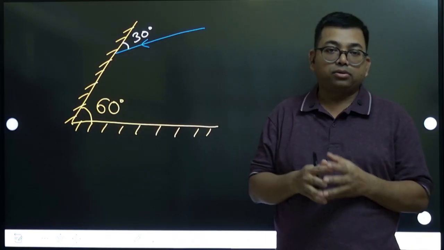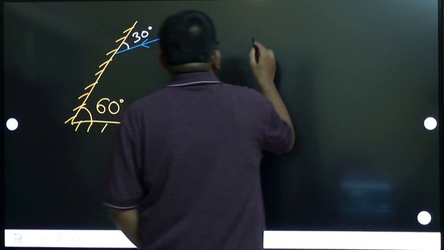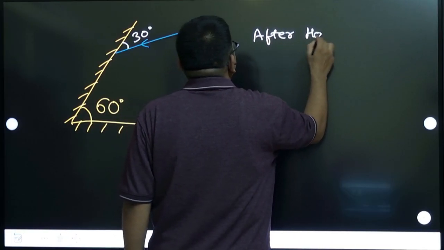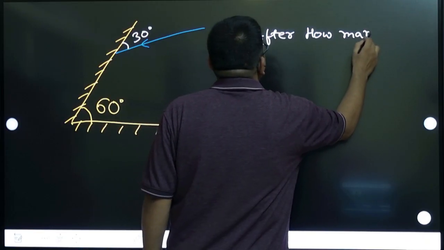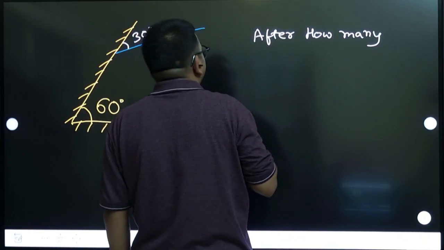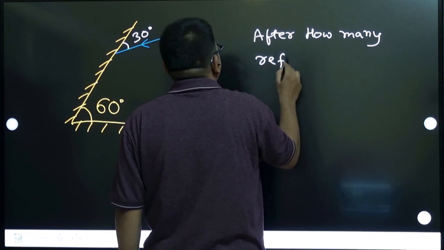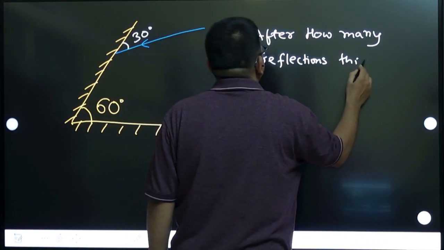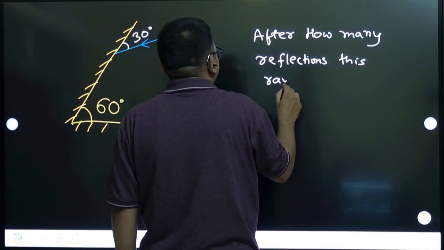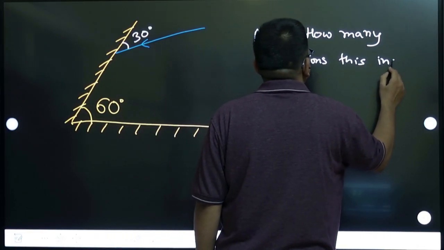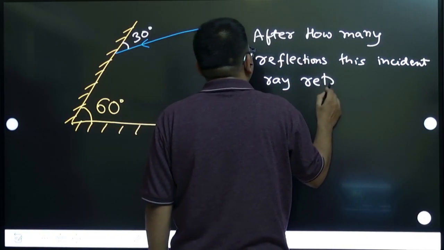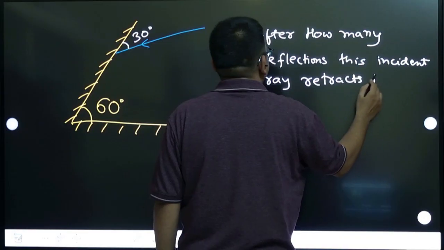Now the question is: after how many reflections will this incident ray retrace its path?